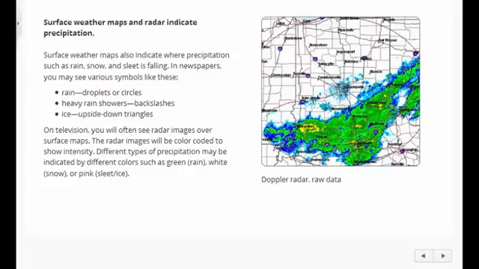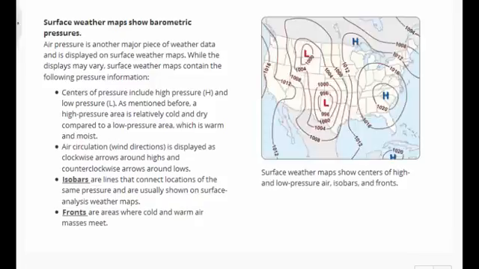We also have a prediction of precipitation as radar shows on surface maps. Darker color means heavier rain or snow. Make sure you remember that barometers measure pressure, and we talked a little bit about high and low pressure before.